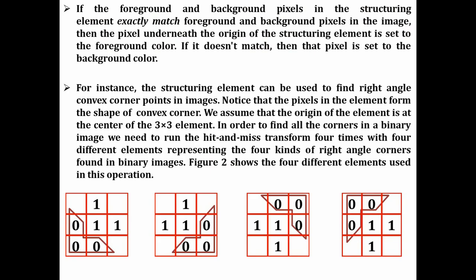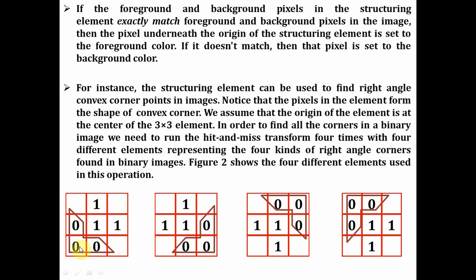So if our structuring element is made up of 3 by 3, and in the examination you are asked to do the hit or miss transformation on the image and get the output, you will see in this 3 by 3 structuring element, the zeros are making a right angle convex, and the ones are also making a right angle convex.